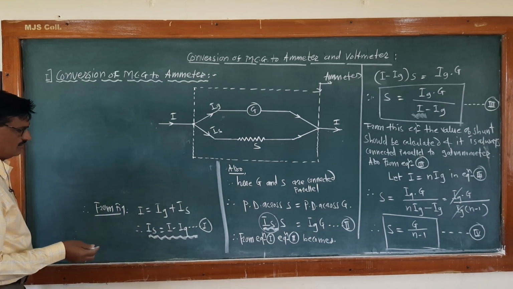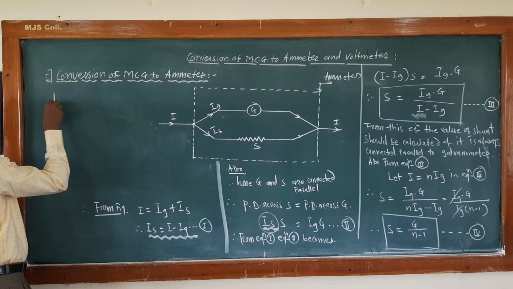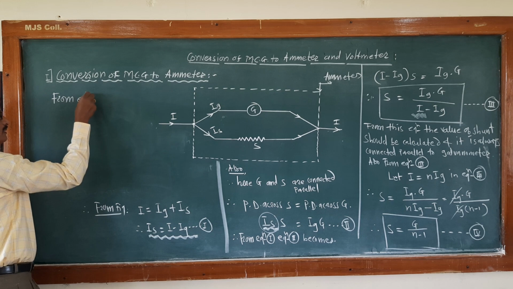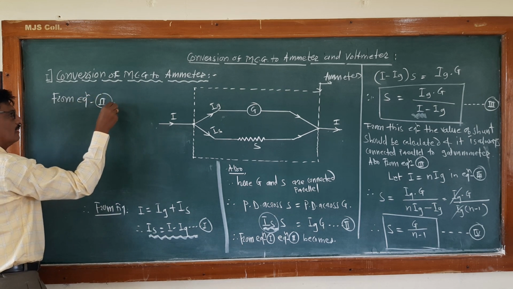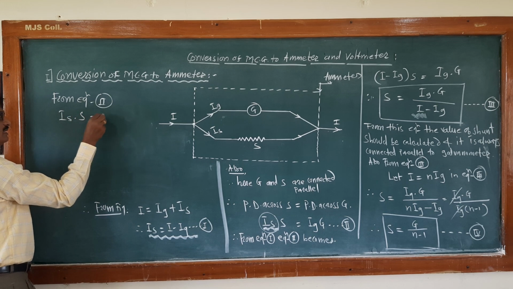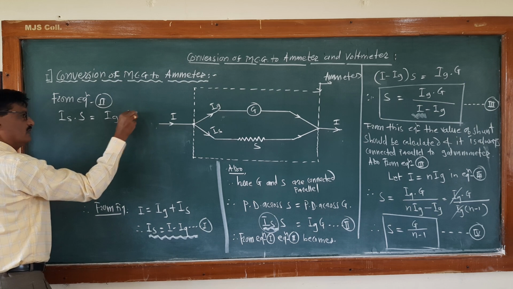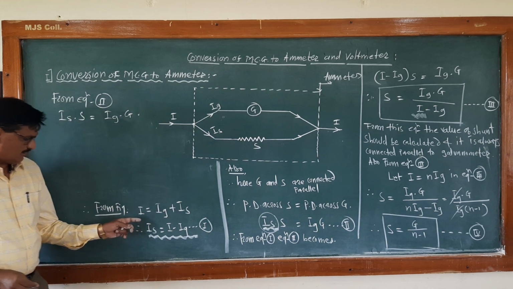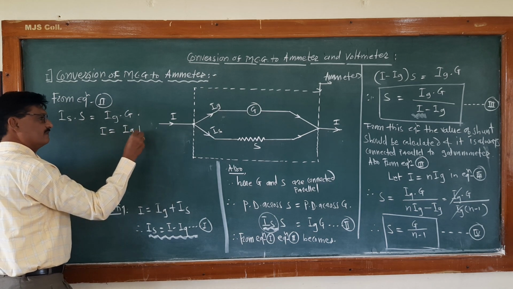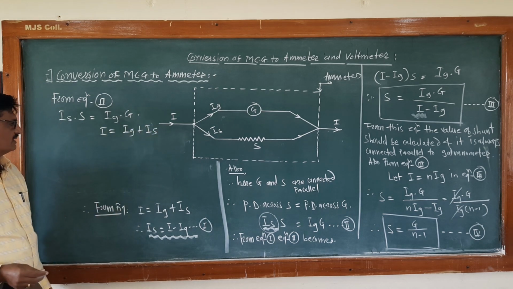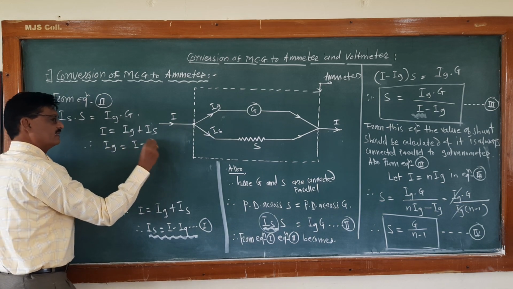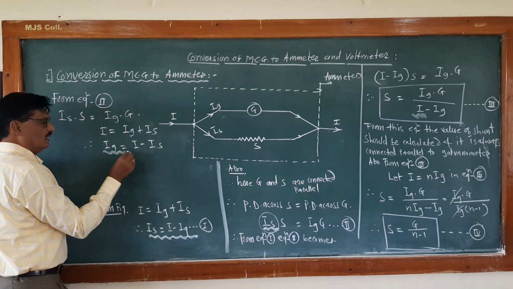From equation number 2, that is Is S is equal to Ig G. In this equation, we know that I is equal to Ig plus Is, and therefore Ig is equal to I minus Is.